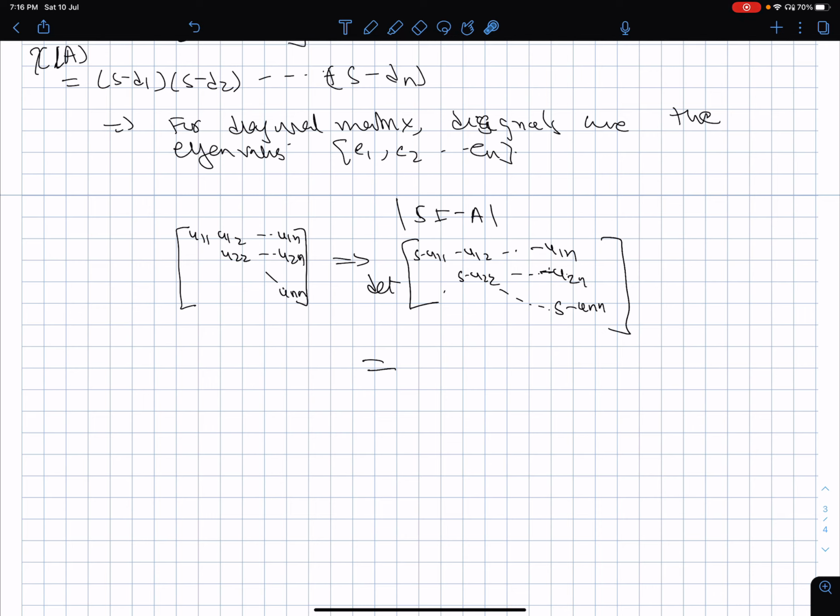To calculate this determinant, you go column-wise. So the first term will be s minus u11 into the determinant of the matrix with s minus u22 up to s minus unn, and then minus u23 to minus u2n, and in this case the last one is anyway going to be this.